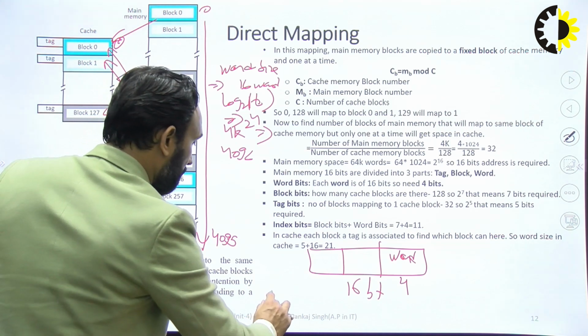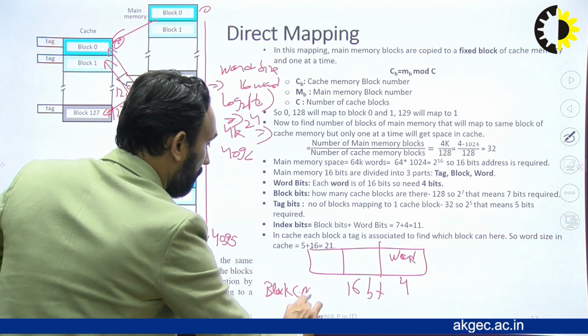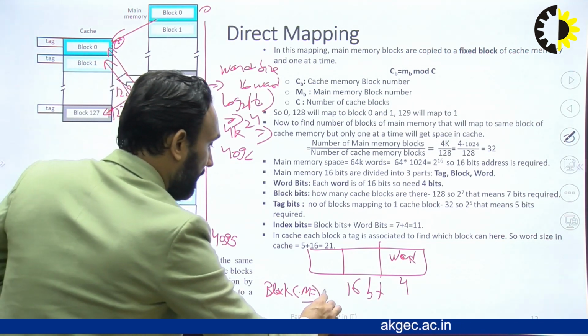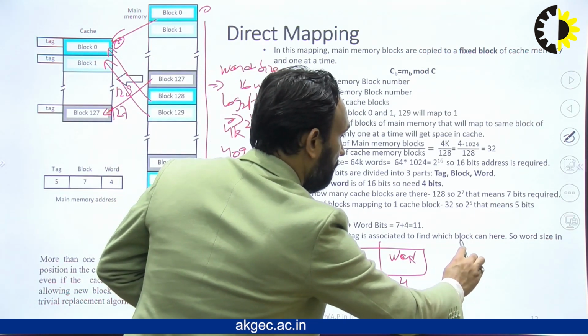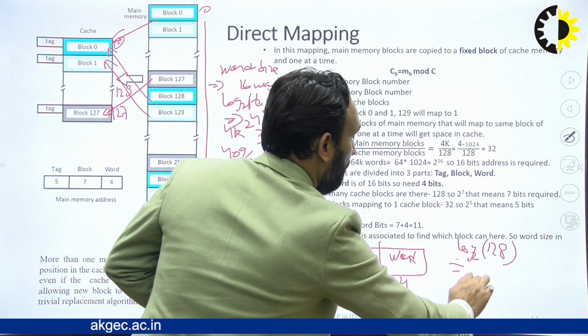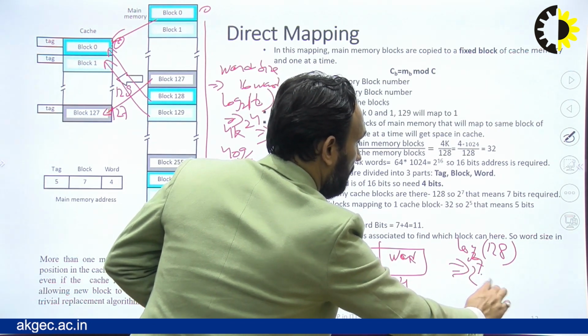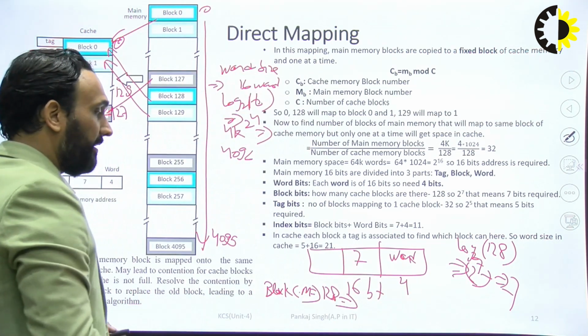Likewise, what is the block? Block always means the cache memory block. How much is it? That is 128. When we take log 2 of 128, that is 2 to the power 7, that means 7 bits.